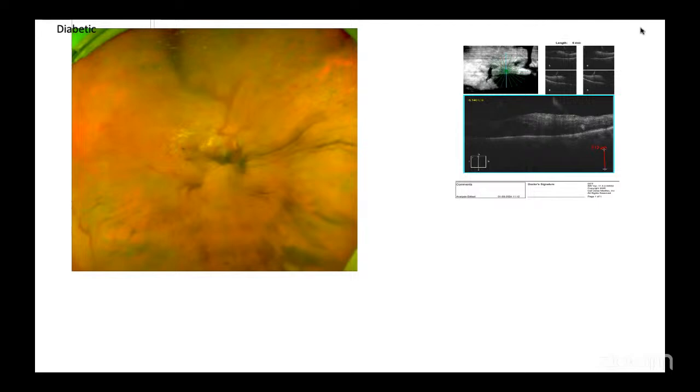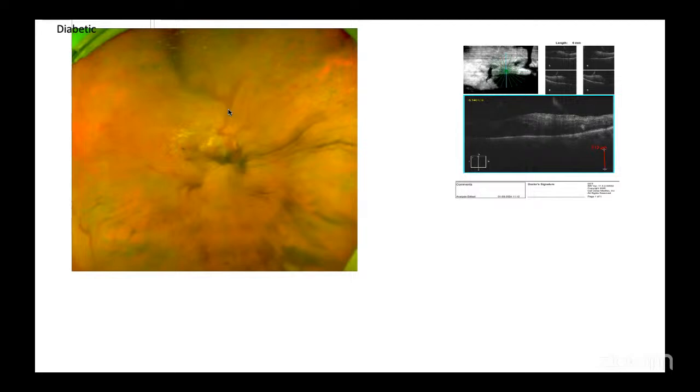Okay. So what would be the management of this patient? This patient had a recurrent vitreous hemorrhage, and he also has an epiretinal membrane in OCT. He had been lasered some time back, and he is developing recurrent vitreous hemorrhage. What would be his management? So this is a high risk PDR with traction on the vitreous hemorrhage and traction on the retina.